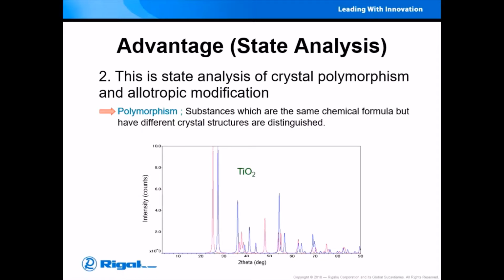Titanium dioxide, TiO2, has some polymorphisms such as rutile and anatase, among others. Both rutile and anatase have the same crystal system, tetragonal, but different crystal structures such as lattice parameters, space groups, and atomic coordinates, etc. And the information contributes to produce their characteristic X-ray diffraction patterns.